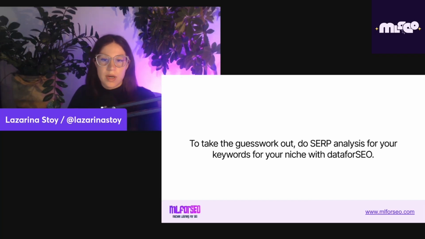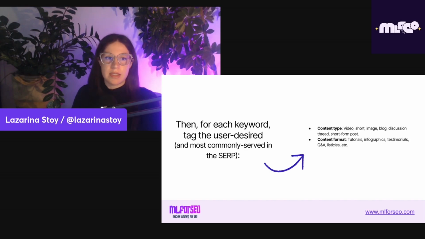To take the guesswork out, my suggestion would be to do a SERP analysis for your keywords for your niche with Data for SEO. Then for each keyword, tag the user desire and the most commonly served content type, like video, short, image, blog, discussion, and so on, the most commonly served content format, whether it's tutorial, infographic, testimonial, and so on, plus the platform as well.